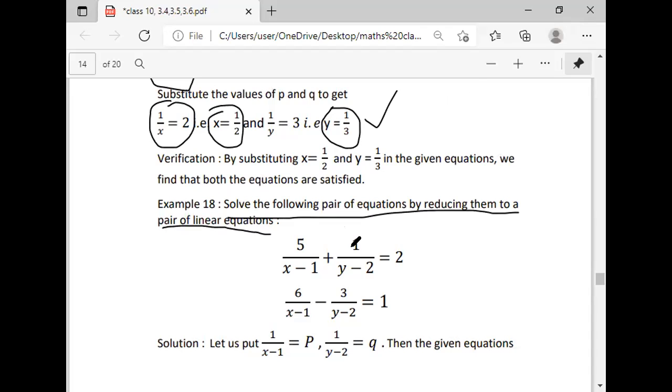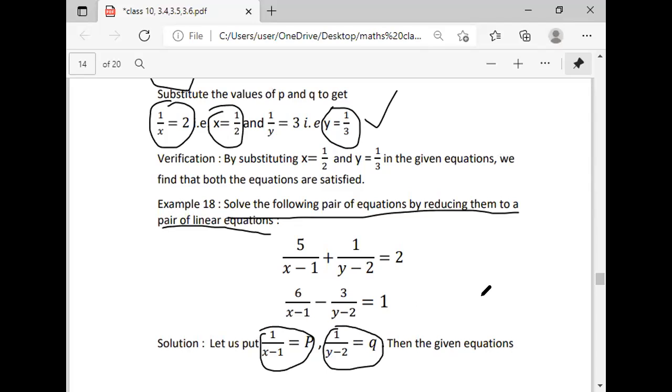Again, it is not in a linear form. Moreover, it is a little bit lengthier, I think. Okay, so let us see. The first and foremost thing we have to do is substitute 1 by x minus 1 is equal to p. Similarly, 1 by y minus 2 is equal to q.